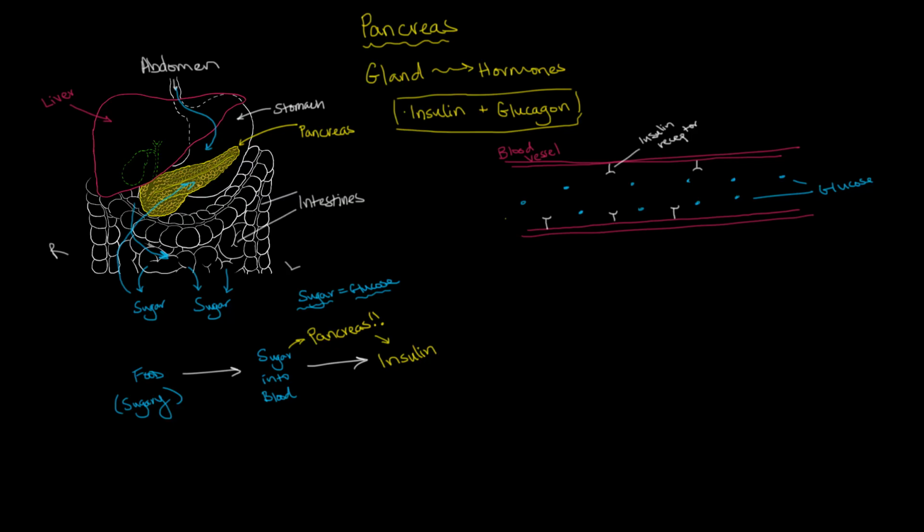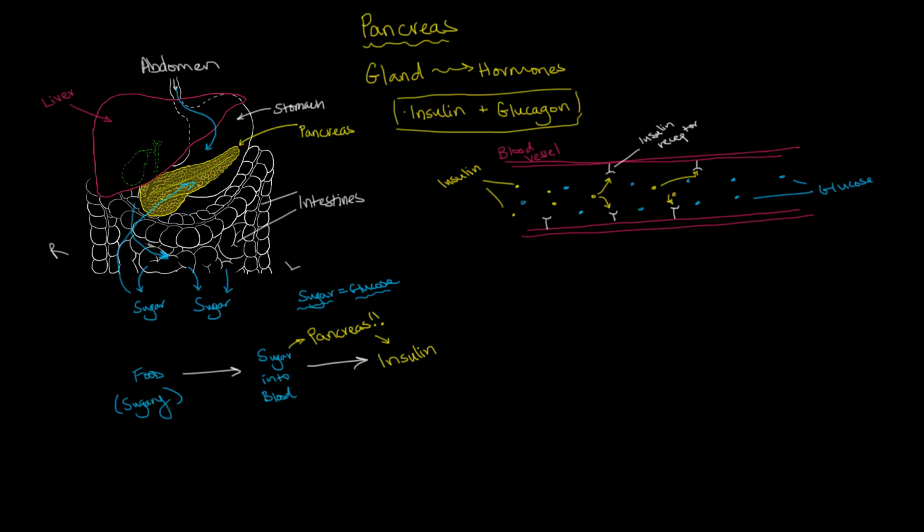When this glucose in the blood passes by your pancreas, it releases insulin. We'll draw insulin as these little yellow dots here. These molecules of insulin will bind to these insulin receptors that are found throughout your body.